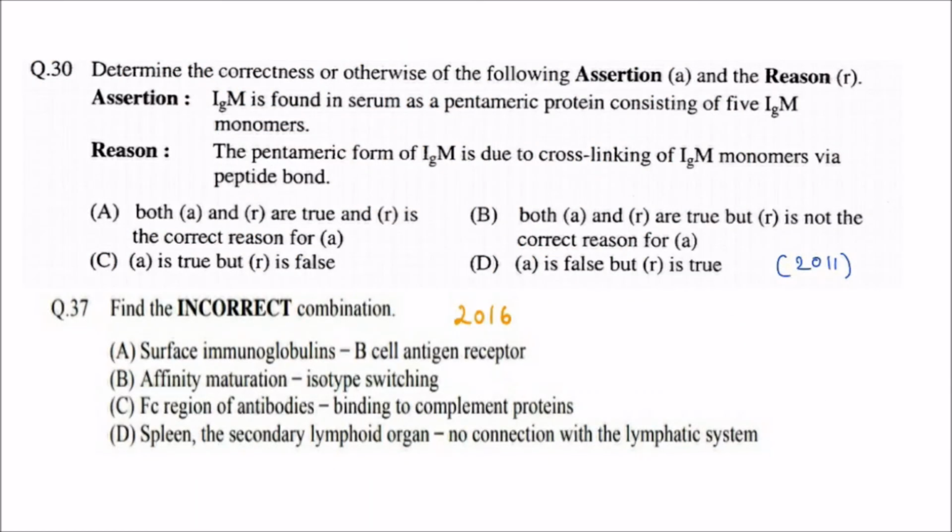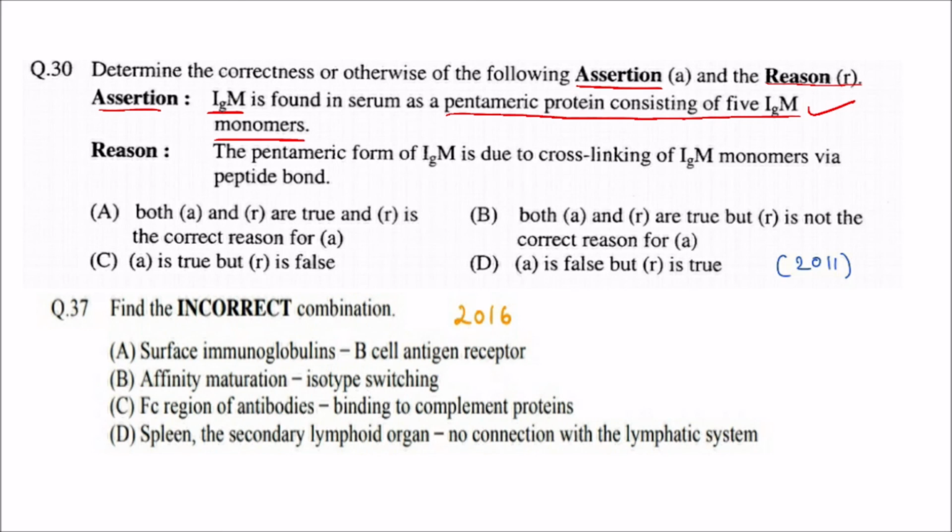Coming to our next question: determine the correctness or otherwise of the following assertion and the reason. The assertion is, IgM is found in serum as a pentameric protein consisting of 5 IgM monomers. This one is true.